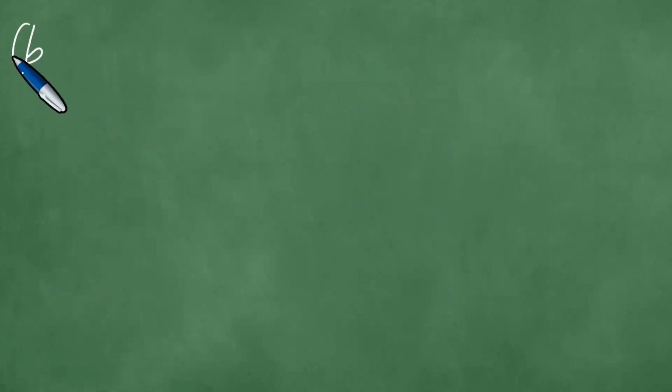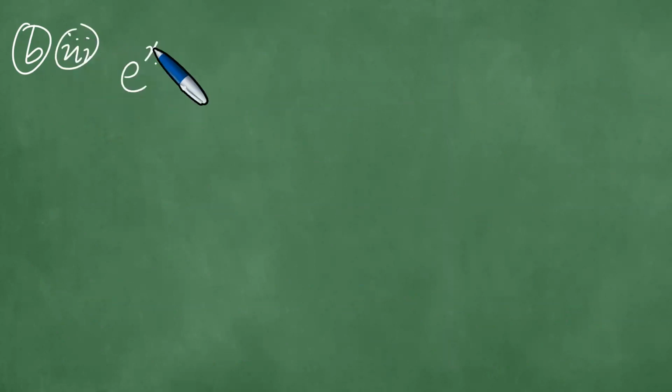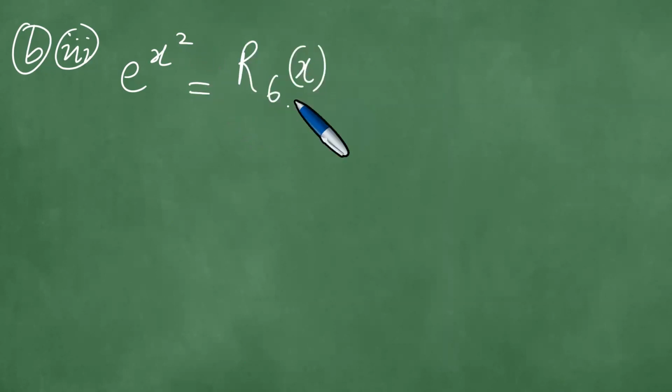So we're looking at the third Roman figure in B. We are given e to the x squared, which is R6 of x.